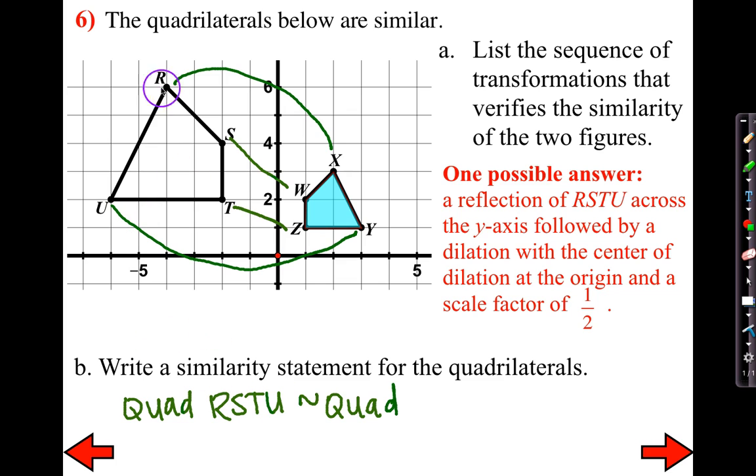Well, let's see. R corresponds to X, S corresponds to W, T corresponds to Z, and then U corresponds to Y. So there is my statement.